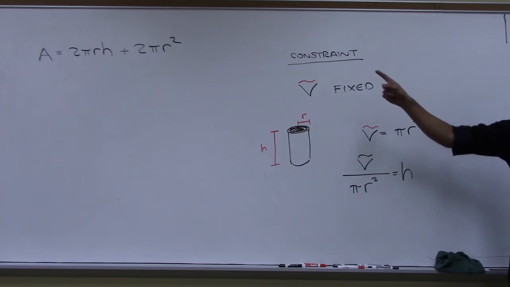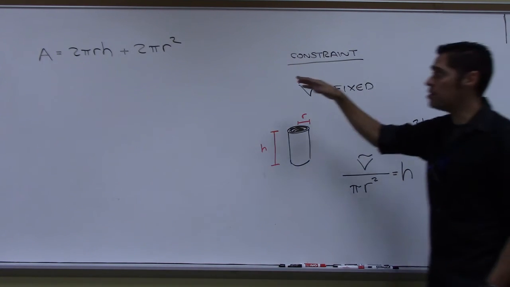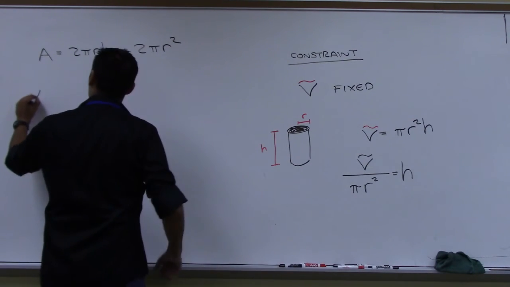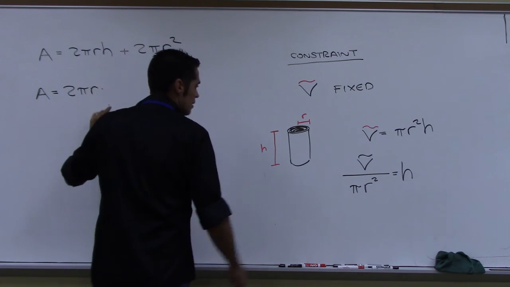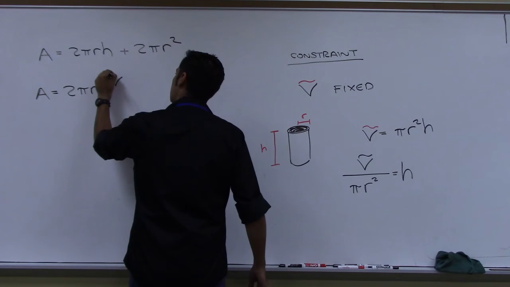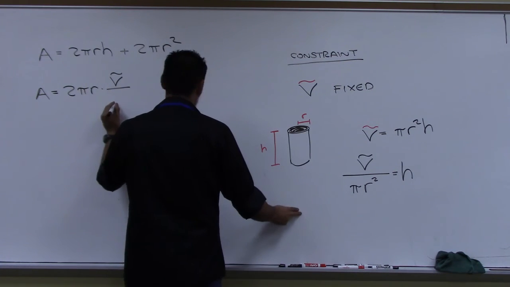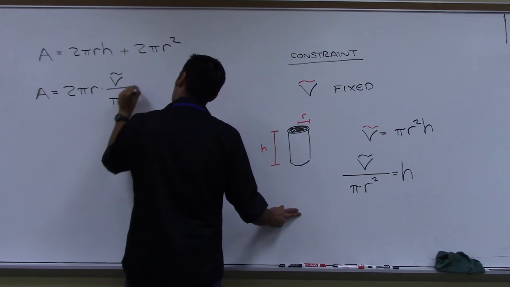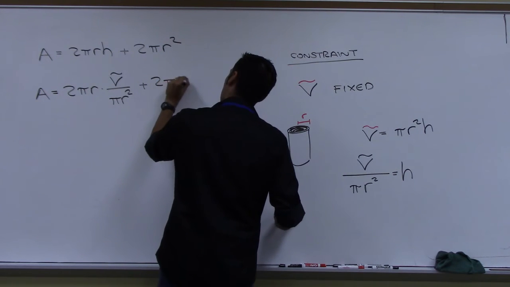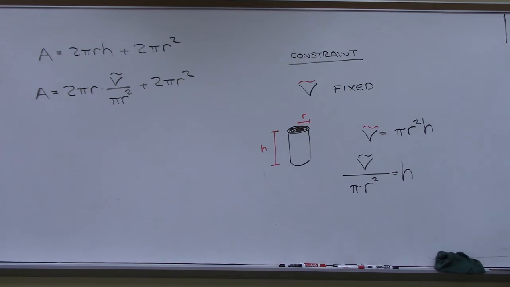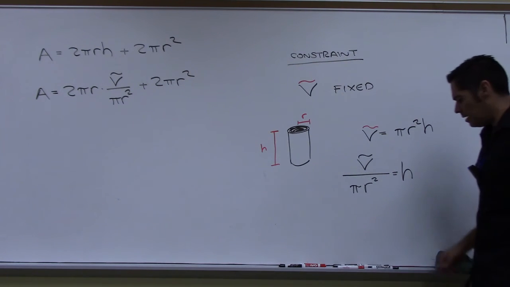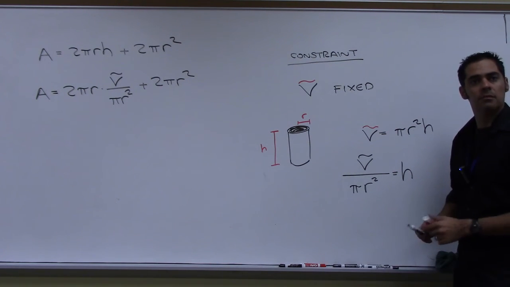So now I can come back from the constraint, I can come back to the objective. I can replace h with this, v tilde over pi r squared, then plus 2 pi r squared. Do you see any simplification I can do there?